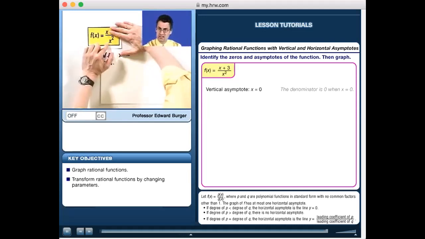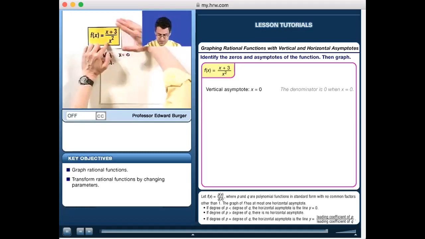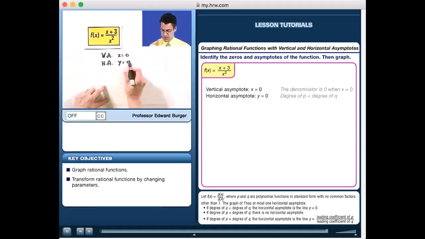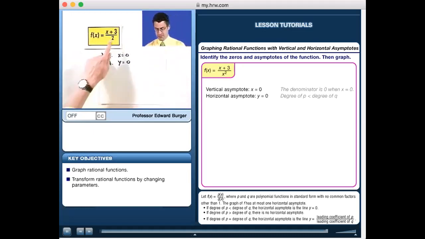And as x gets bigger and bigger, what happens to 1 over x? It gets smaller and smaller, heads to 0. So in fact, we are going to have a horizontal asymptote at y equals 0. Remember this in general: if the degree of the denominator is greater than the degree of the numerator, you always have a horizontal asymptote at y equals 0.